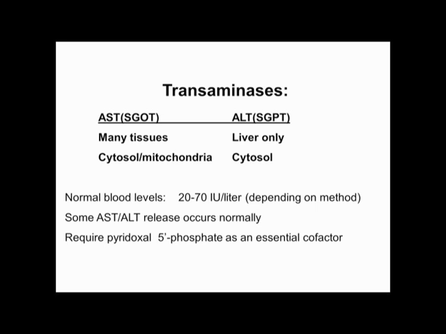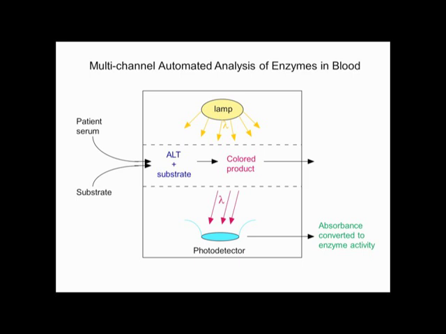There's always some in your blood because liver cells turn over. They don't survive forever. They're long-lived, but they die. So there's always some. Another fact that we will talk about later is that they require a B vitamin, pyridoxal 5-phosphate, as an essential cofactor, and that works into a few little interesting clues you can use to look at alcoholic liver disease. So these are easily measured in our automated systems in the lab.